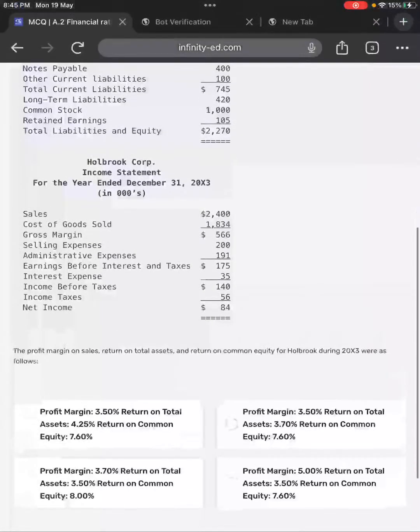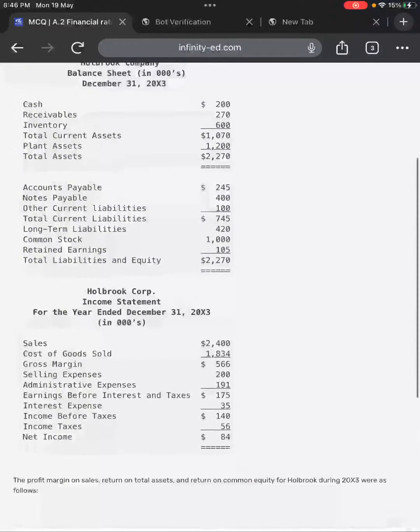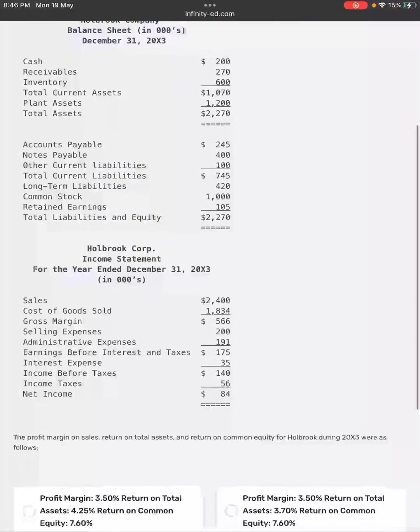Suppose I give an example here. How can we calculate? Suppose I calculate the return on total assets. How much income is given? 84. And how much total assets do I have? Total assets are already given here.